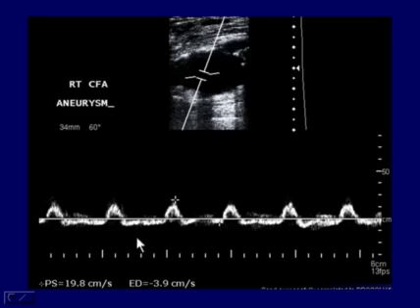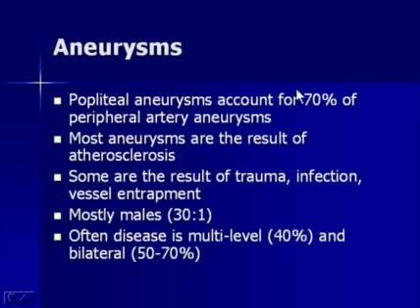I put this signal in here to show that we really don't want to record a Doppler from within the dilated segment of an aneurysm, because the Doppler is disturbed by this large saccular area that has disturbed the laminar flow profile. Most of the aneurysms we see in peripheral arteries are popliteal artery aneurysms, accounting for about 70% of all aneurysmal disease.